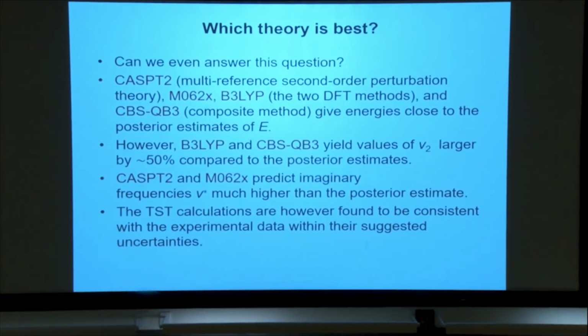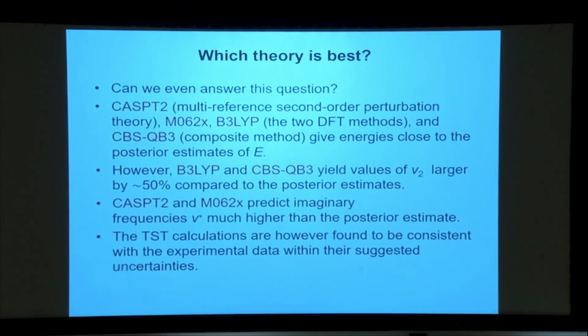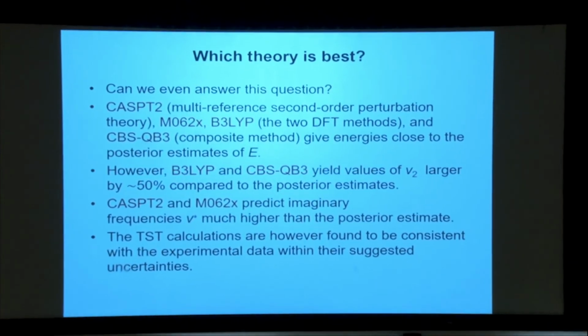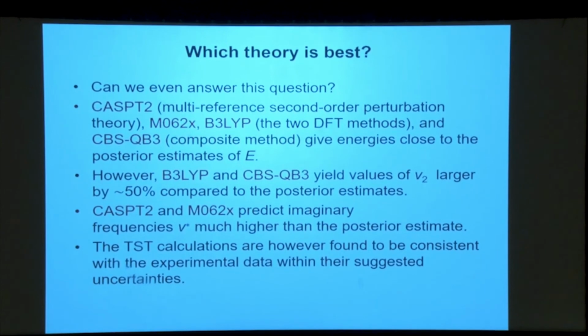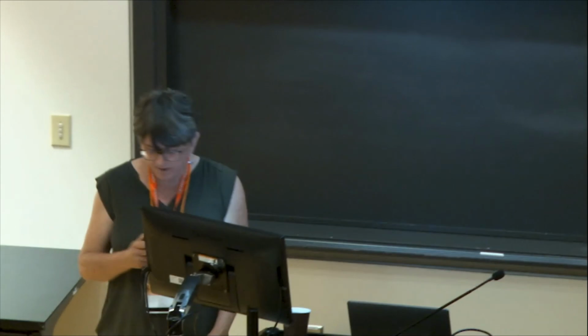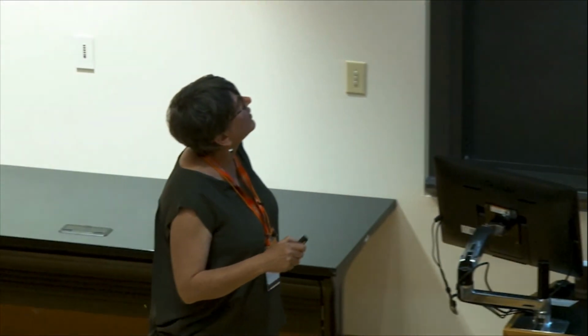All of these methods gave energies which were reasonably close to the posterior estimates of where the experimental data was used to constrain the system. But out of these methods, they both gave slightly larger discrepancies with the posterior estimates for different frequencies in the model.